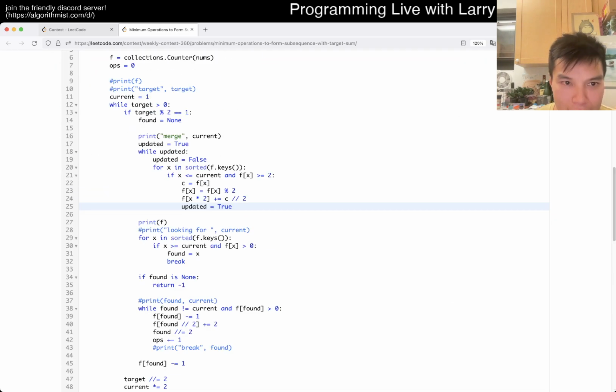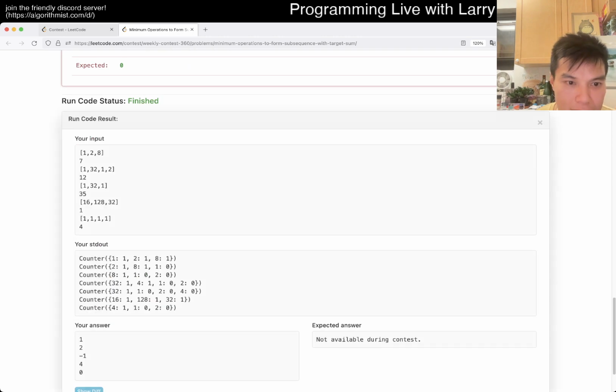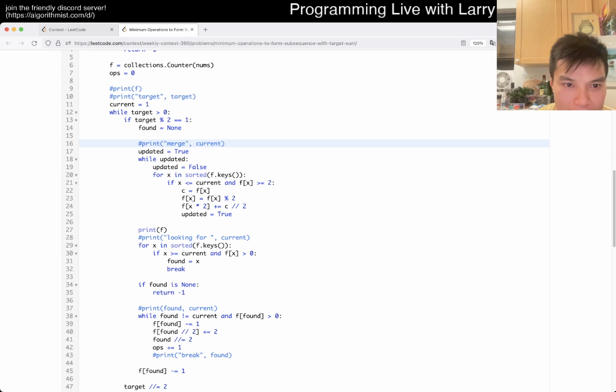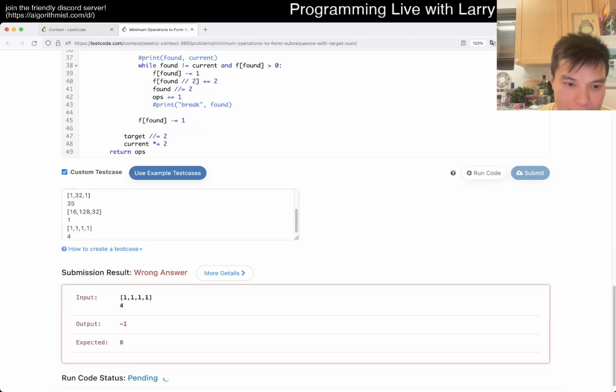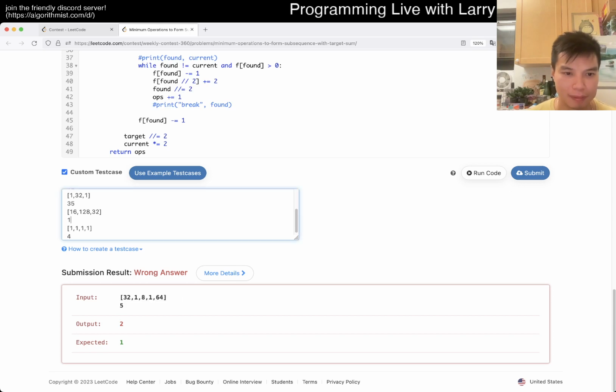Okay, so where's my extra print statement? Is right here. I'm watching a little bit because I just don't have time. So I'm submitting it for no reason.